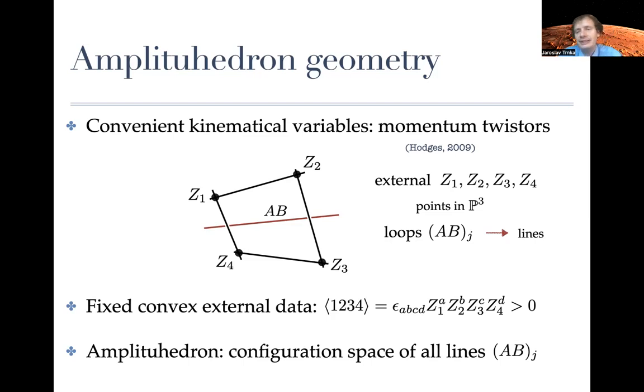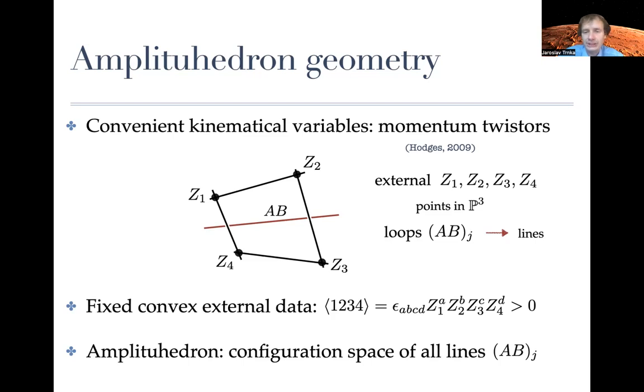This is what we denote with the angle bracket, the 4x4 determinant of the Zs entering the bracket. Here we have only one, and we just say that it's positive. The information about the external data is completely trivialized for the 4-point case, and everything is about the loop and the conditions on the loop AB.